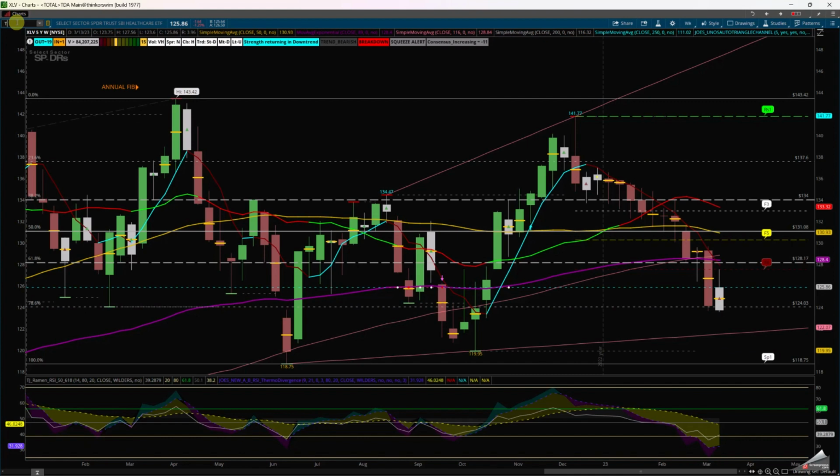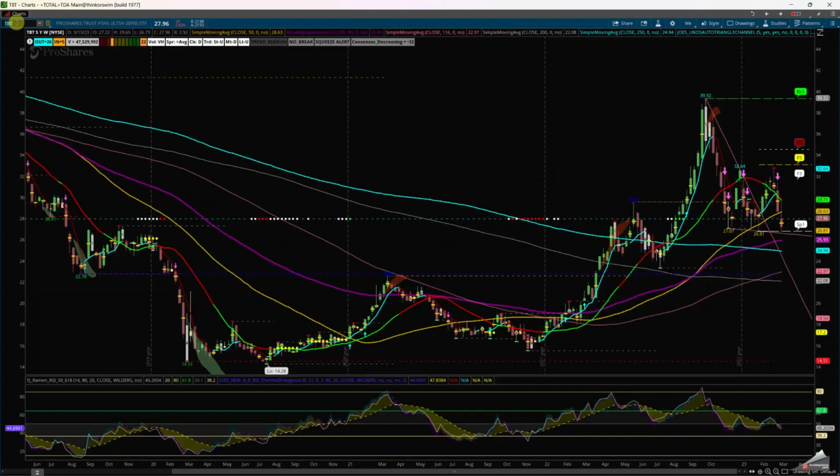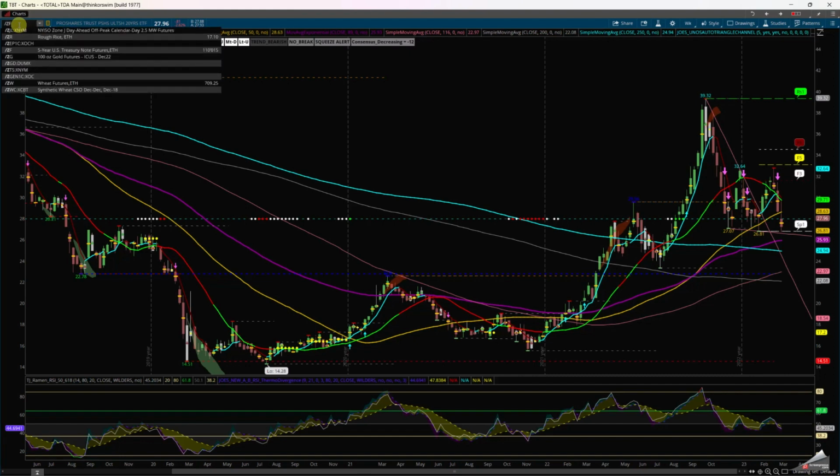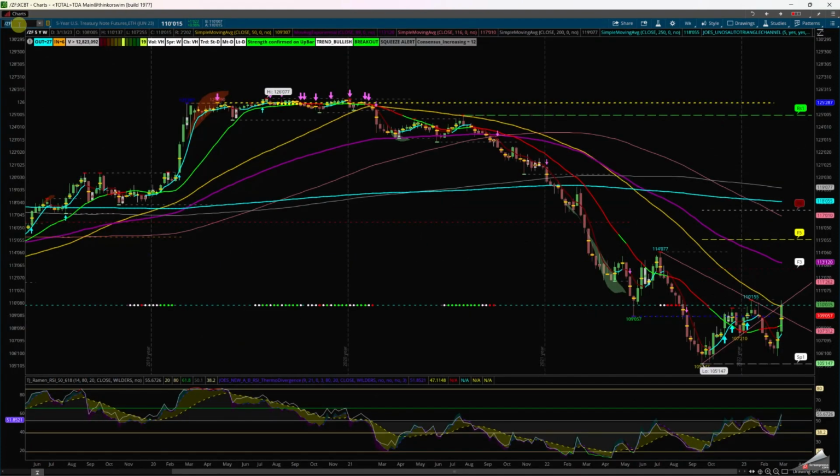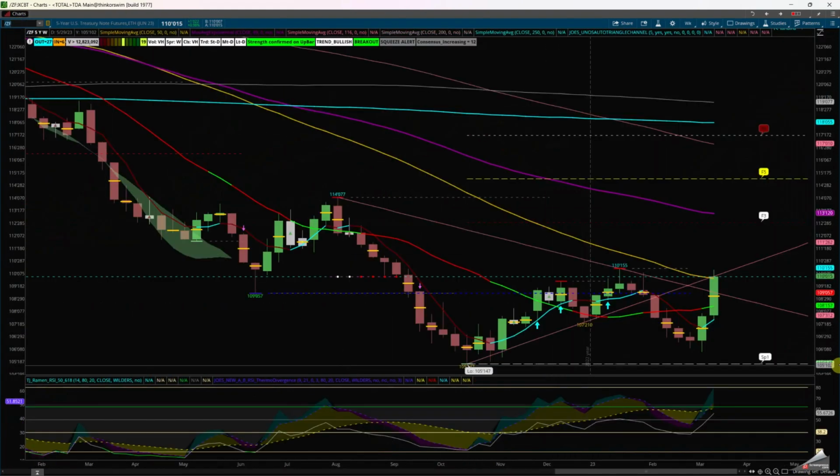Let's take a look at TBT, the interest rate bearing account for the bond market. You can see that interest rates started to fall down, which is the ProShare Ultra 20-year bonds. And if I go here to the ZF, the future contract on the 5-year Treasury notes, we can see that the Treasury notes last week and this week rallied and tried to break up towards the 50 SMA and the backside of that downtrend channel that we fell from.